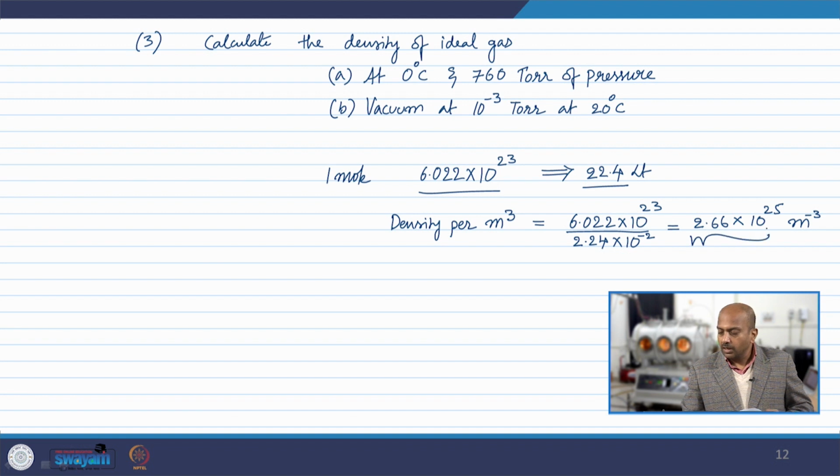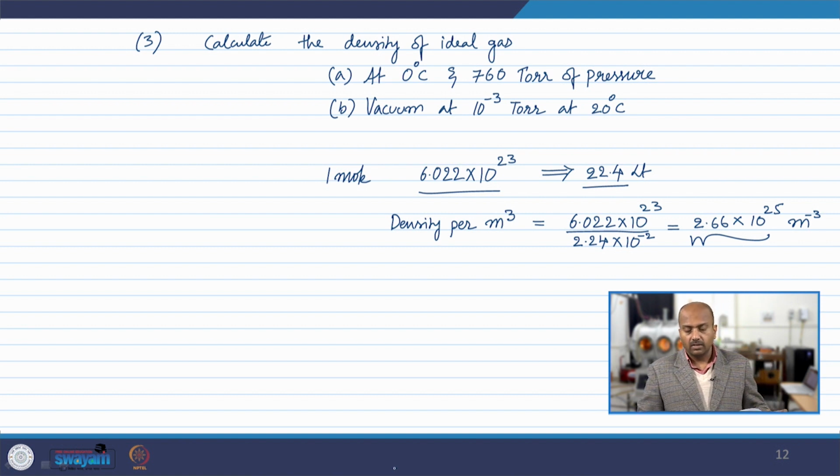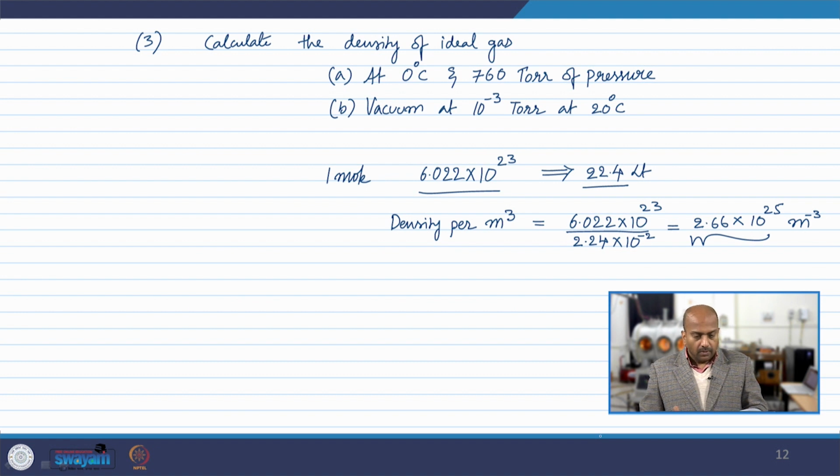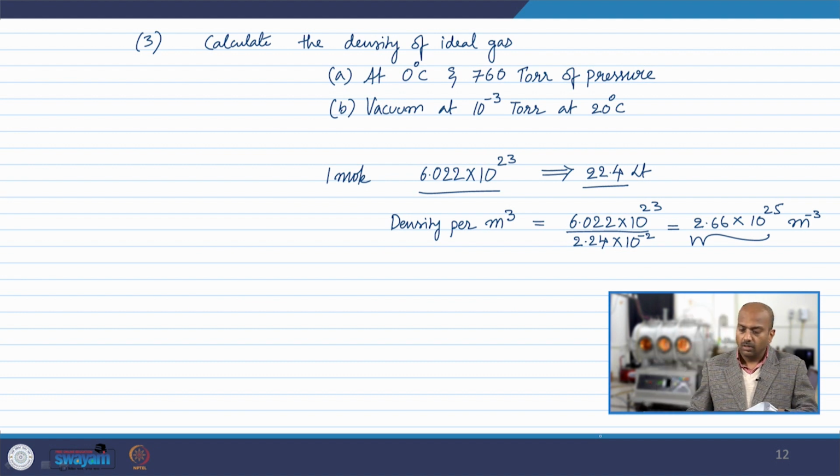What is this number? This number tells you how many atoms or molecules there are within a unit volume at the surface at 0 degrees Celsius, right. If you put this in perspective with plasma, plasma is very weak. At least 3 to 5 orders of magnitude weaker than the air that we breathe, right. Although plasma has all these characteristics, it is a very, very weak distribution, right. Now, this is the answer for the first part.